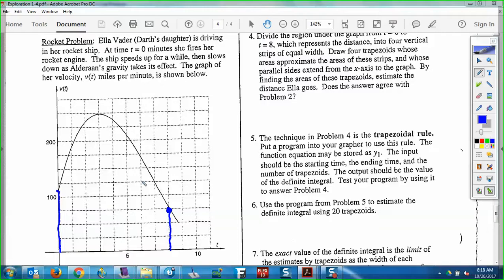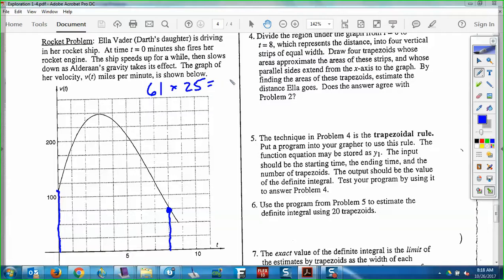Okay, so what did you get? It said estimate this. So what did you get in question 2? Anybody? How many squares you got there? I like 60. 61? Yeah. Okay. And each square is 25 miles.